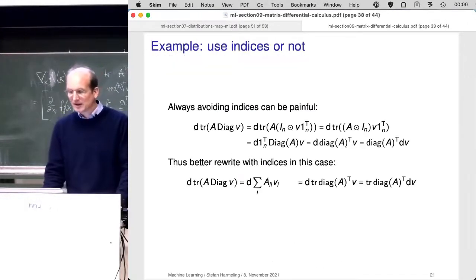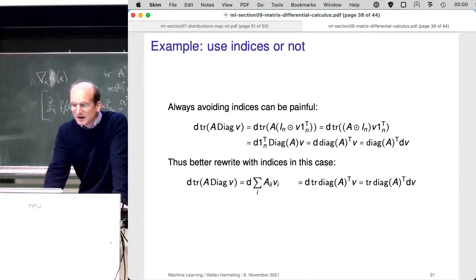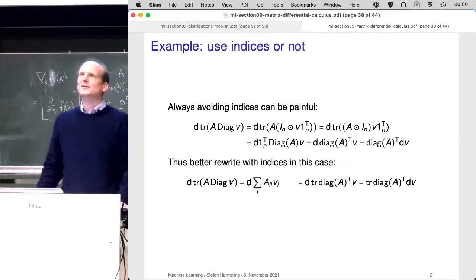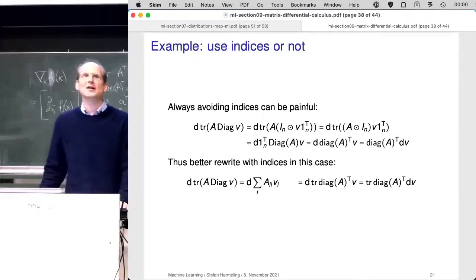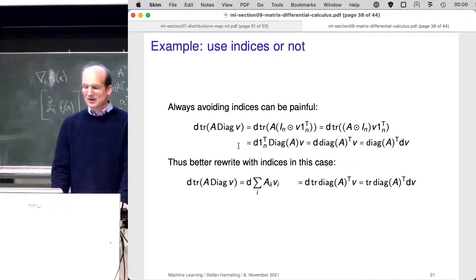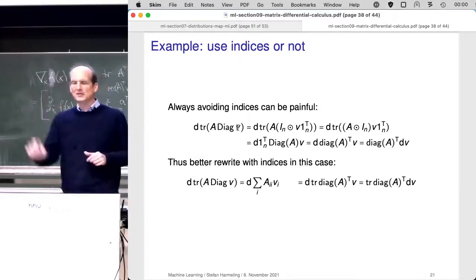Good, I'm almost there. The last thing I wanted to briefly show you: are indices so evil, or should we avoid them at all costs? No, always be aware that there is also the path of using indices. Sometimes it's nicer. So I'm calculating the differential of the trace of A times the diagonal matrix with v along the diagonal.